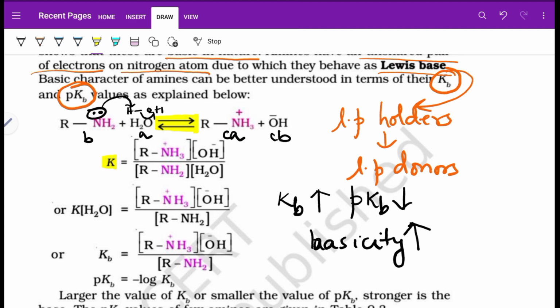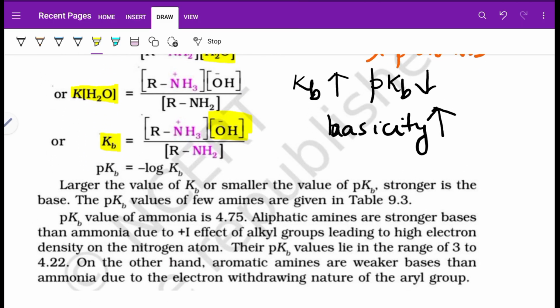Now remember that the molar concentration of H2O with respect to time does not change much and is considered to be a constant. This constant can be represented by Kb, and it is directly related to the molar concentration of OH minus ion. So if the Kb value is greater, that means more and more OH minus ion is obtained in the medium, which is the reason for the basicity.